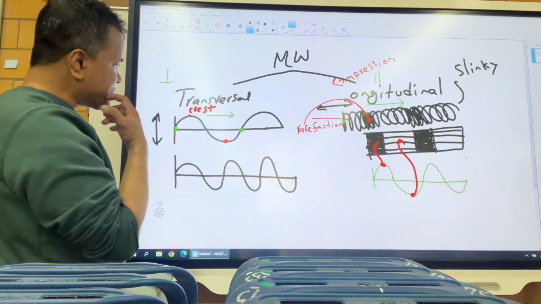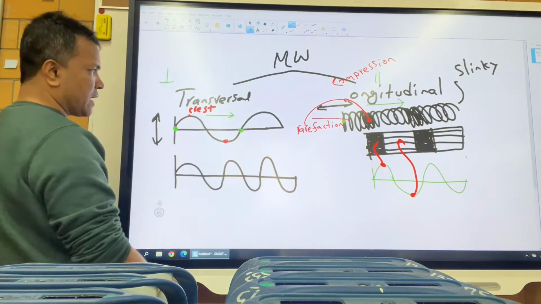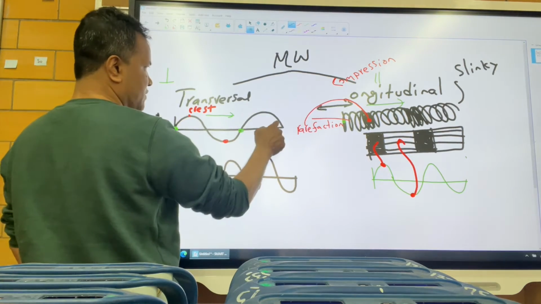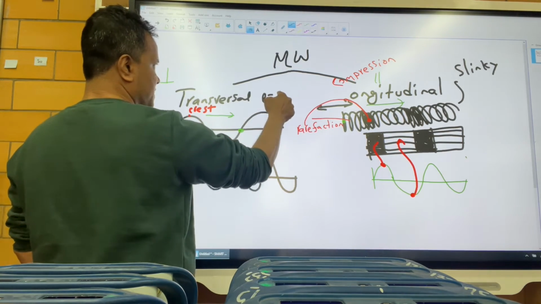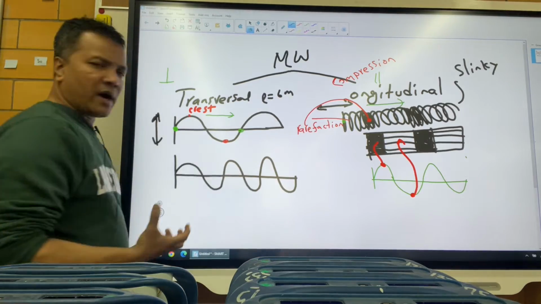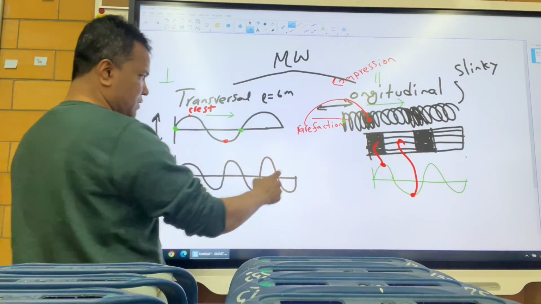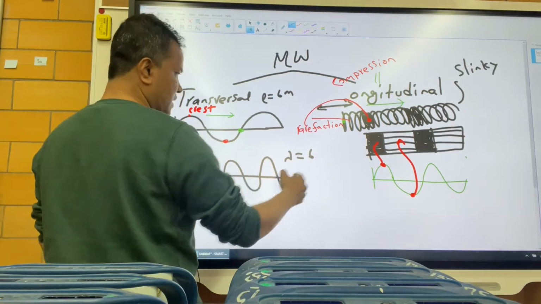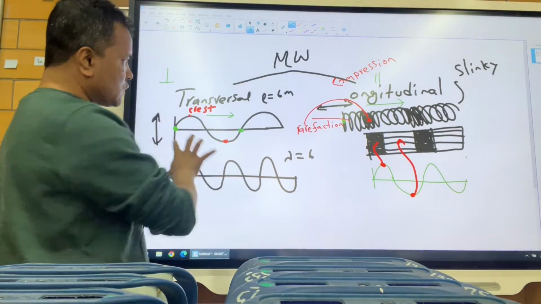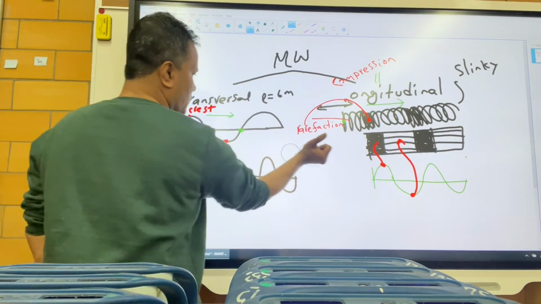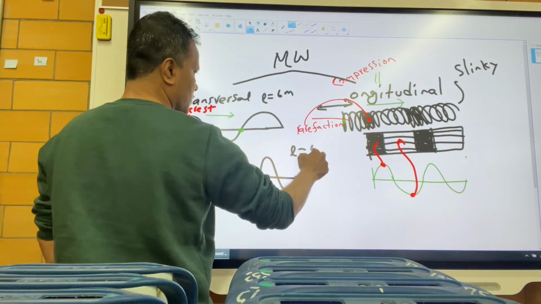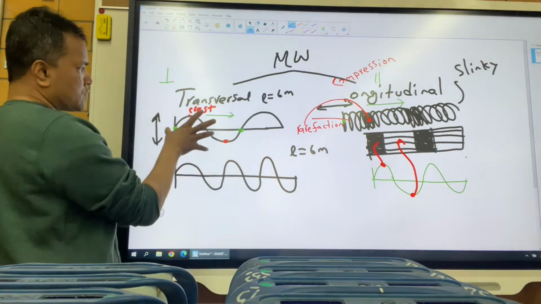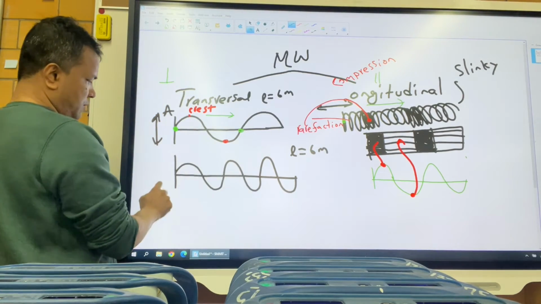Okay, so now let's say the length of the rope is 6 meters. I want you to find the wavelength. This is wave A and this is wave B.